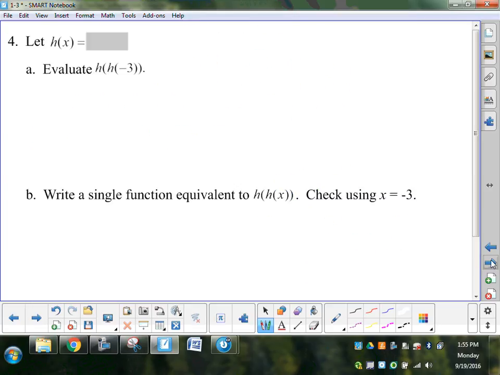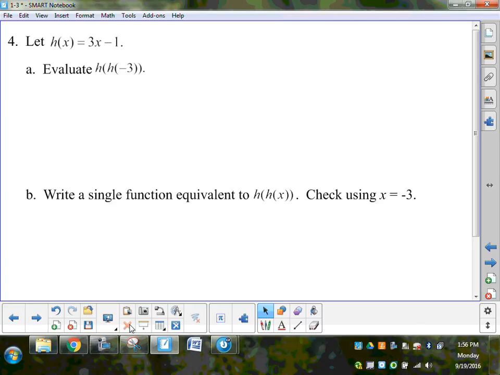Now, I don't know why this causes some of you to panic so much. For the first one, people shut down when they see this, and I'm not exactly sure why. That's my h of x. How would I evaluate h of negative 3? Spencer, what would we go through and do?